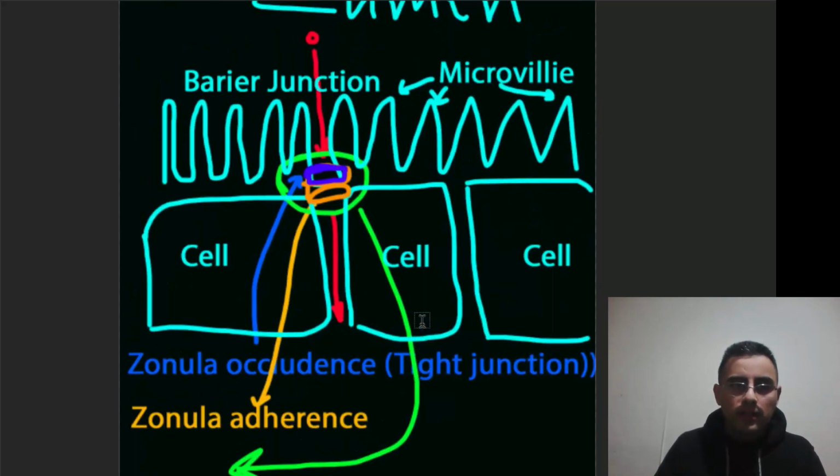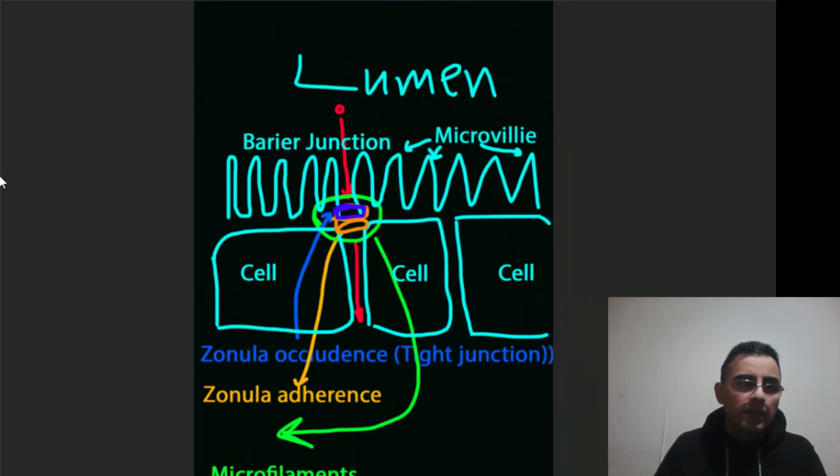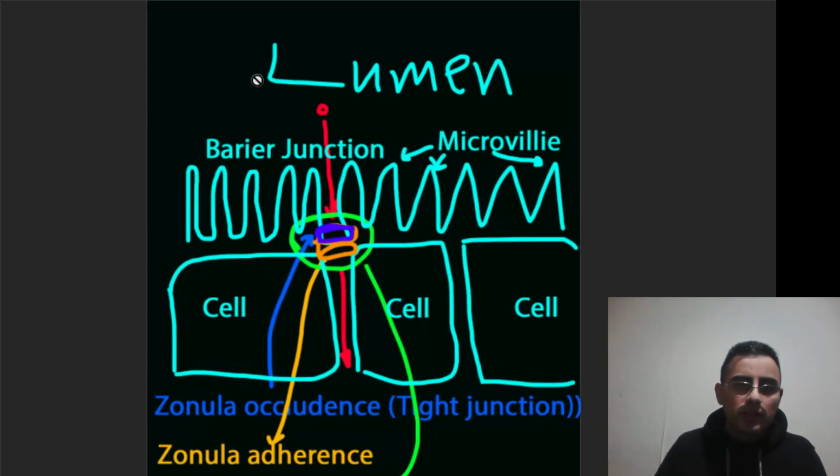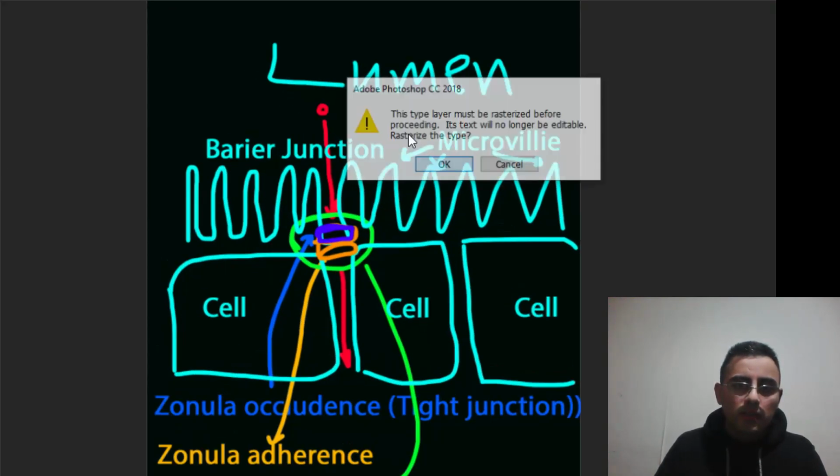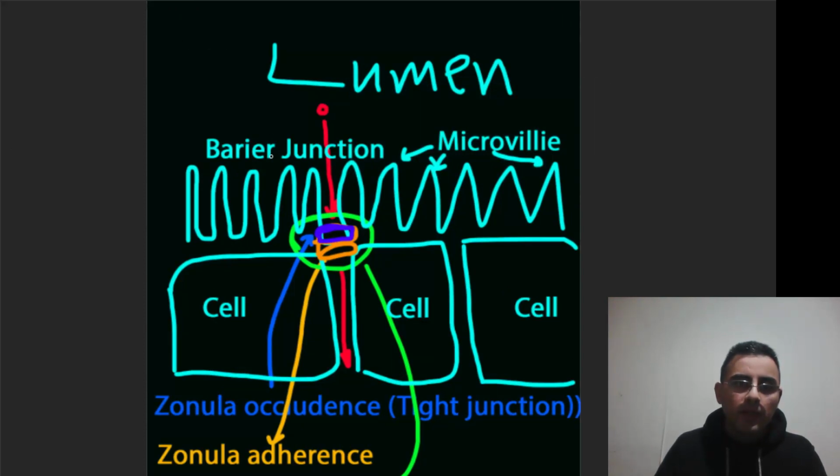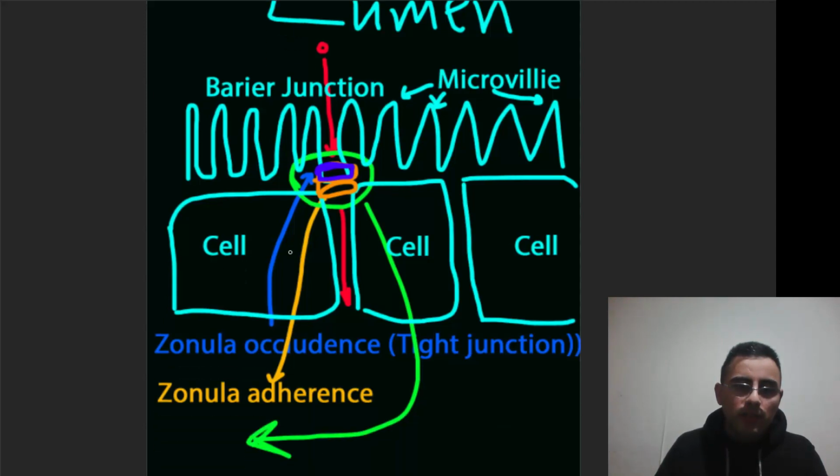So let's summarize. Here is the barrier cell junction. Here is the lumen, microvilli, cell. Between cells is a space.